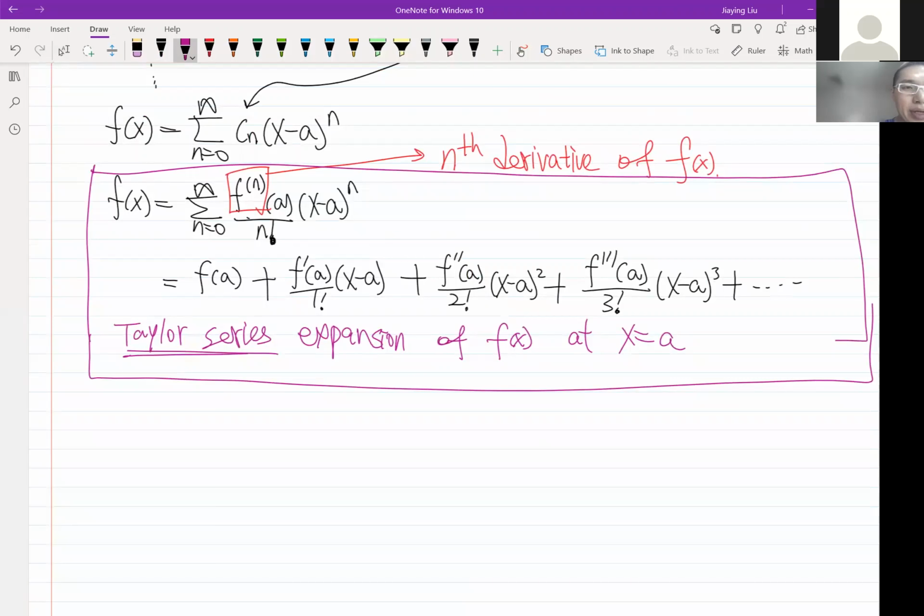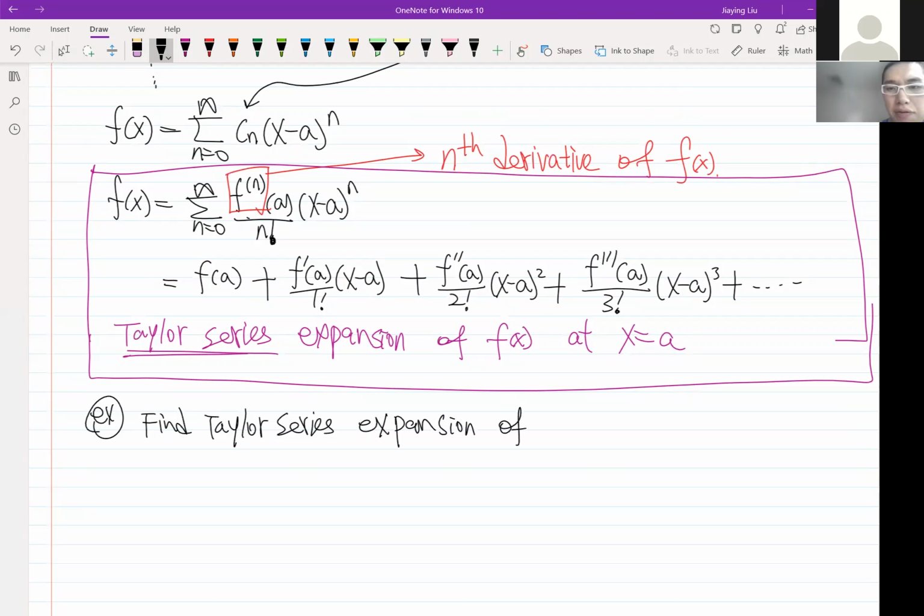So, for example, the question is, find the Taylor series expansion of f of x equals e to the x at x equals 2. So this is the question. When x equals 2, what is the Taylor series expansion of this function e to the x?